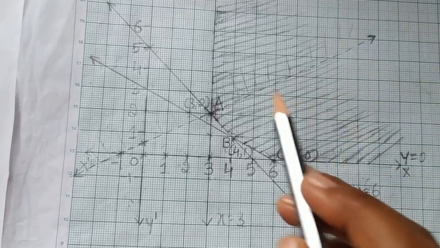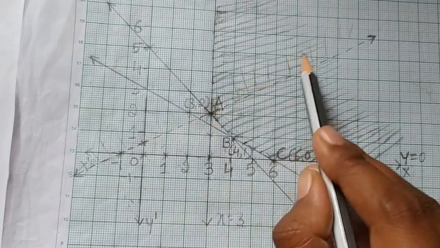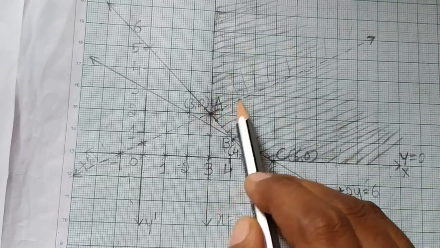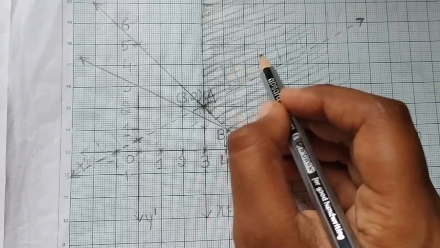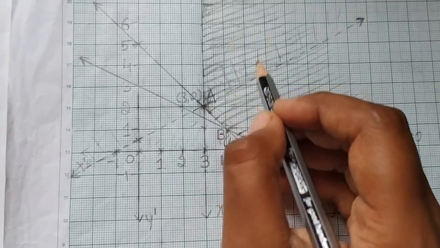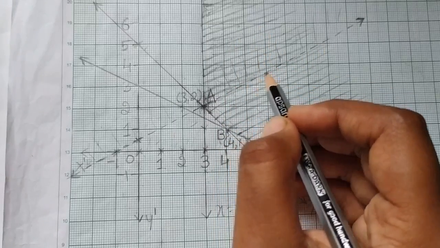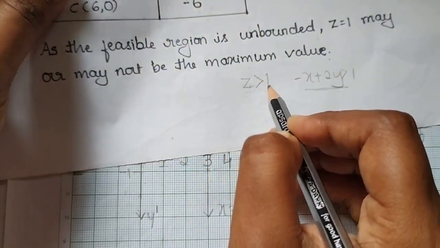Now observe here, the solution region of this inequality have some points common with the feasible region. This means that there exist points in the feasible region for which the inequality satisfies. The inequality satisfies means z greater than 1 satisfies.